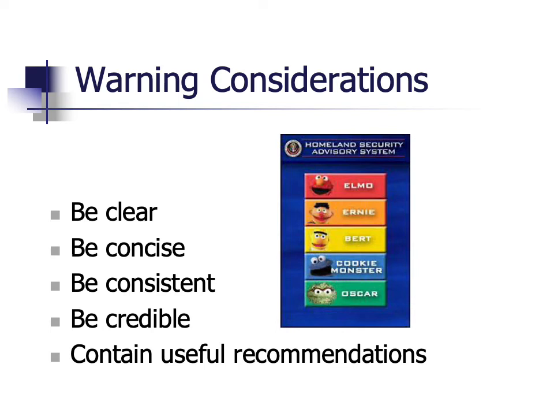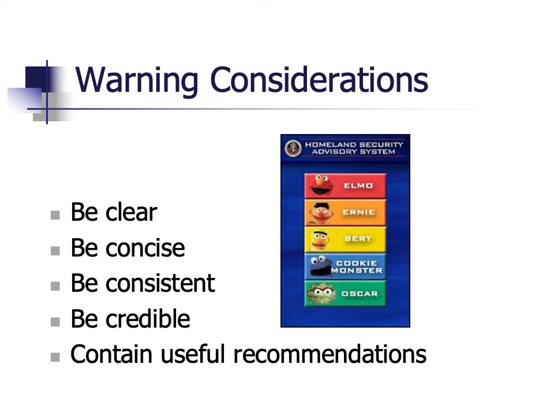Regardless of which type of warning system we're using to share information with the public, it's imperative that we keep a couple of key principles in mind. First of all, our warning messages must be clear so they're understood. They must be concise. Sometimes shorter messages eliminate confusion. It's important that our messages are consistent, that they're repeated frequently, and that the same message is heard over and over again.